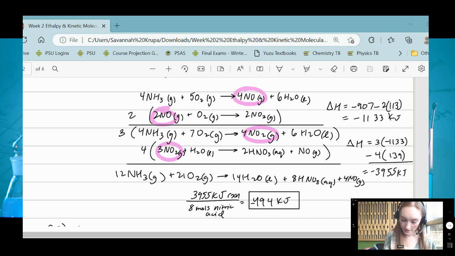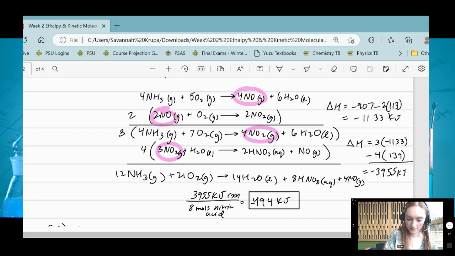And 3 times 6 is 18. 3 times 4 is 12. And 4 times 3 is 12. And then 4 times 1 is 4. 4 times 2 is 8. And 4 times 1 is 4. So those are all the coefficients for everything.